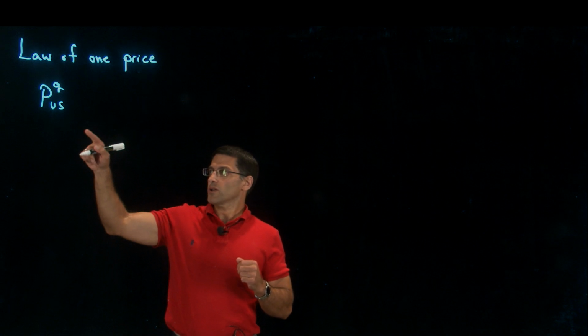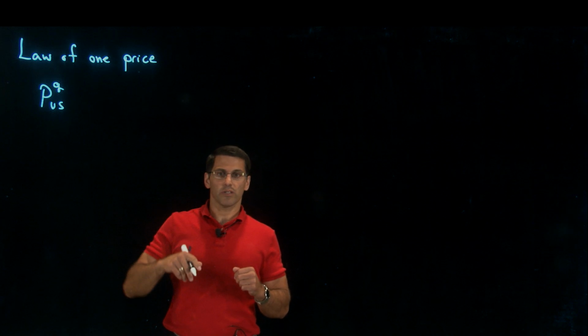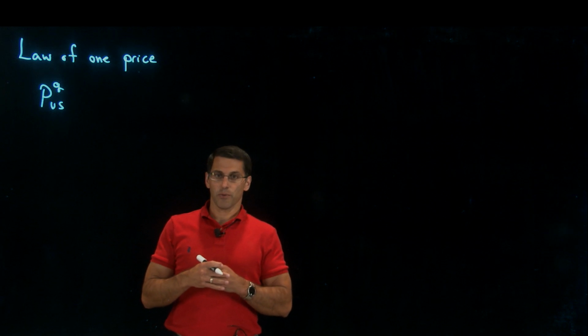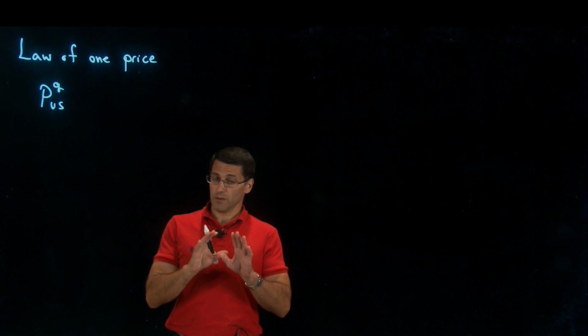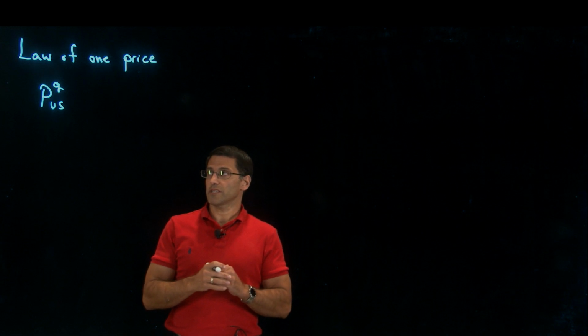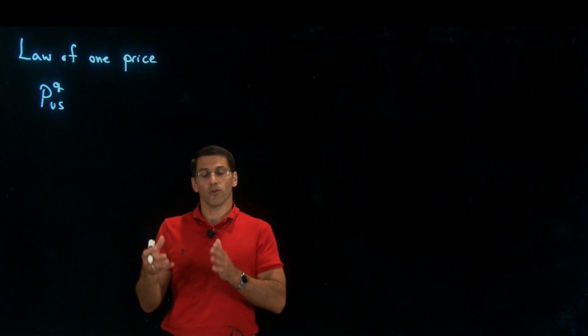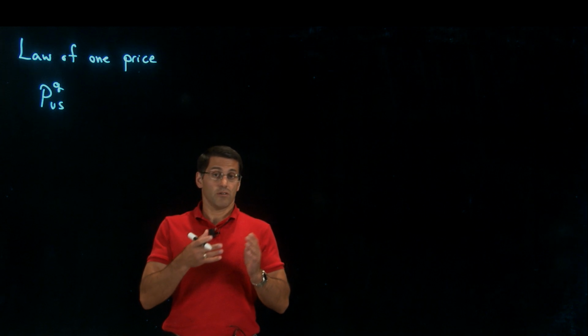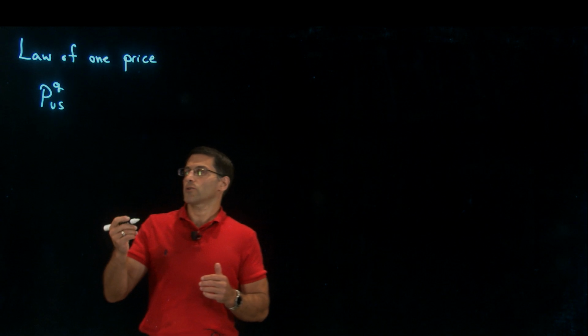And I should be able to buy that same good, let's say it's a shirt, for the same price in Italy. If it's the same shirt in Italy, it should go for the same price once I've converted the euro price into dollars. And how do I do that?